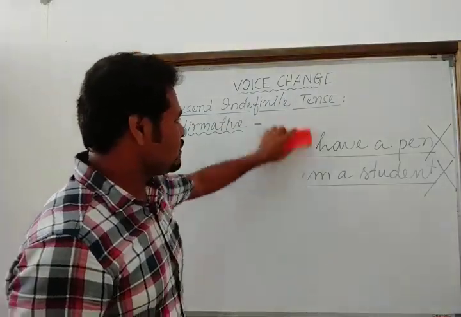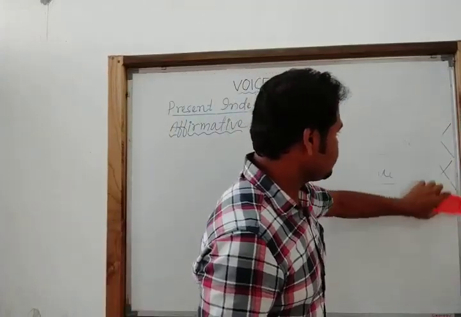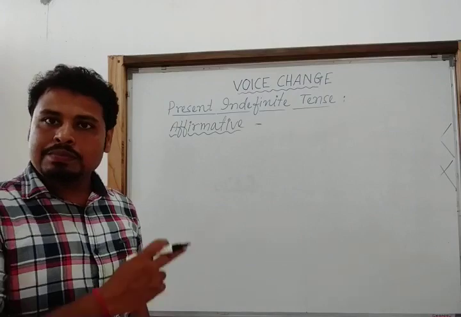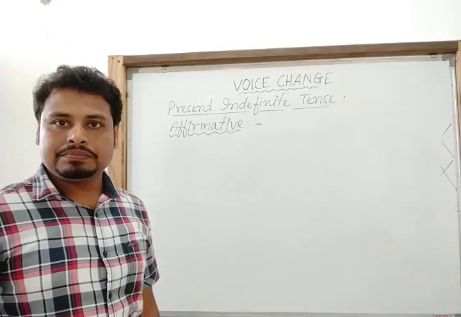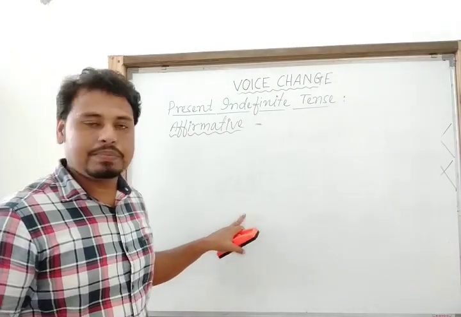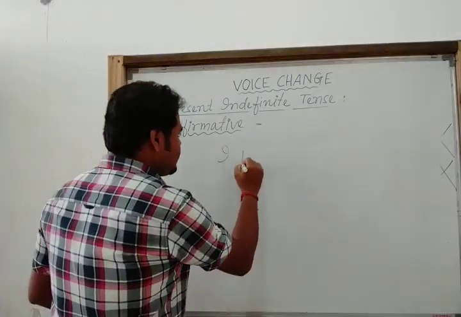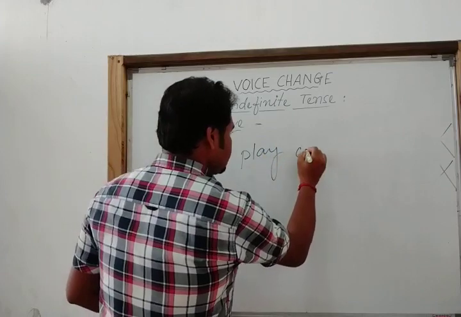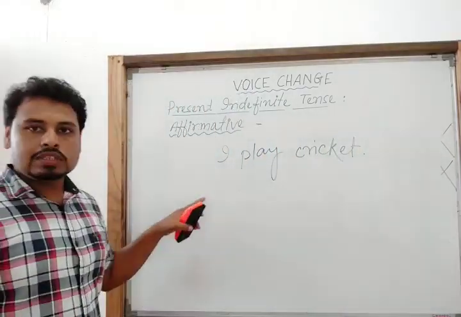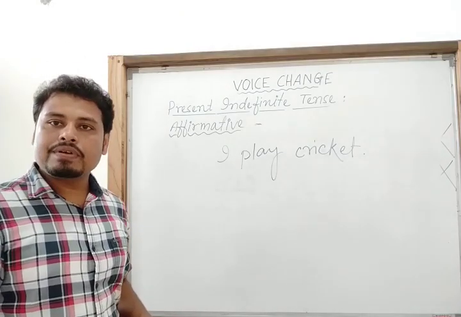Now let us move on to how to change the affirmative sentences in present indefinite tense. Like if we try to give an example like I play cricket, this is an affirmative sentence.